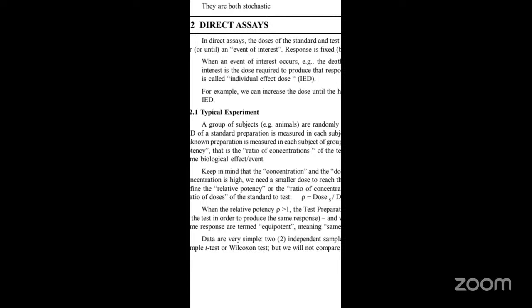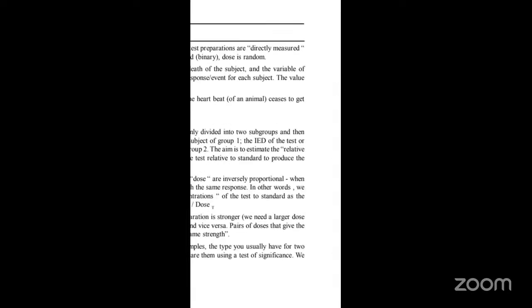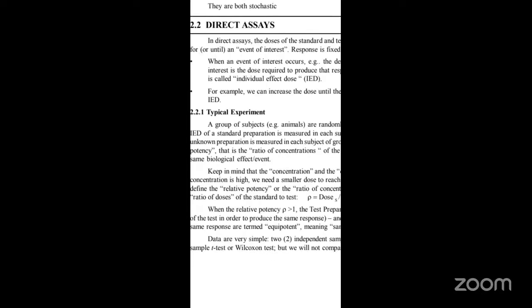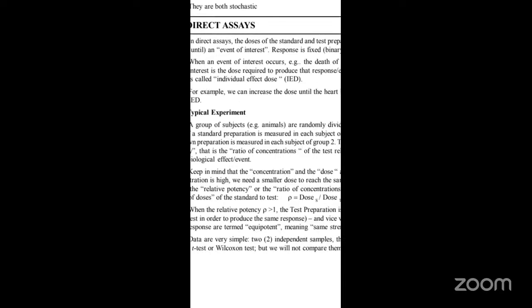Okay. So the data are very simple, in two independent samples. The type you usually have for a two-sample test. You know the small sample t-test, the difference of means of small samples, with sample size 25. This is a non-parametric test, but we will not compare them using a test of significance.